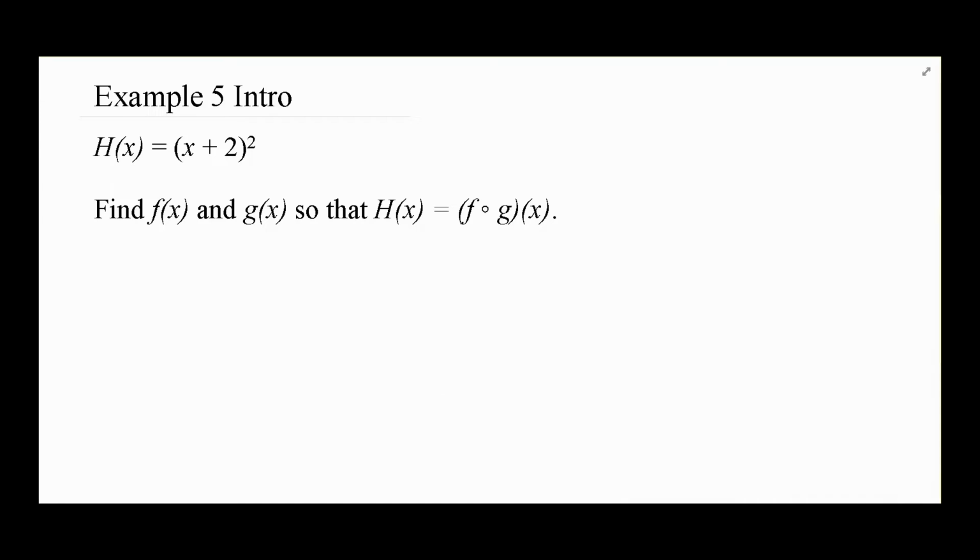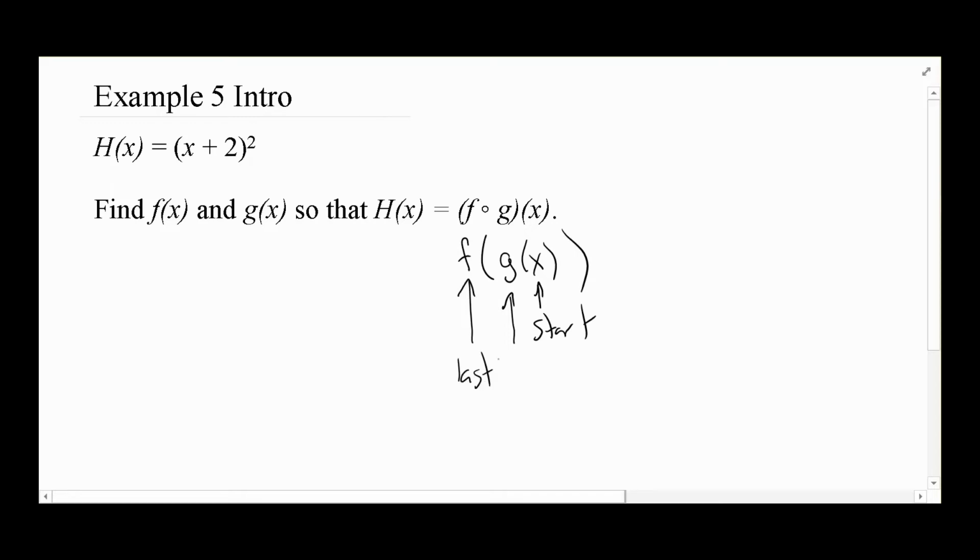So as we're looking at this, what I want you to realize, if we look back to all the examples of compositions we've already done, is when we rewrite this as f of g of x, we start here, then we go there, and the last thing we do is that f in this case. So the outermost function that we deal with is what I'm going to call the main thing that's going on in this problem, because it's the last thing we do.